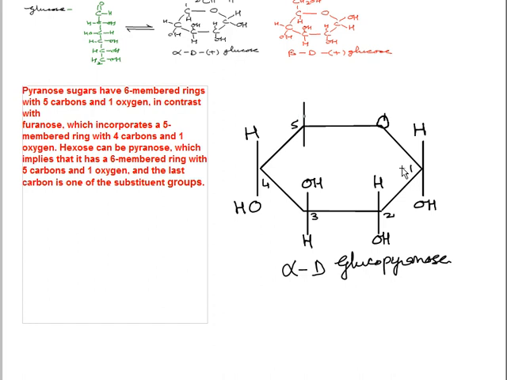And then in the fifth carbon, we got CH2OH. So if you see the valency over here, it is fulfilled all around. So this is called alpha D glucose or glucopyranose as we call it.